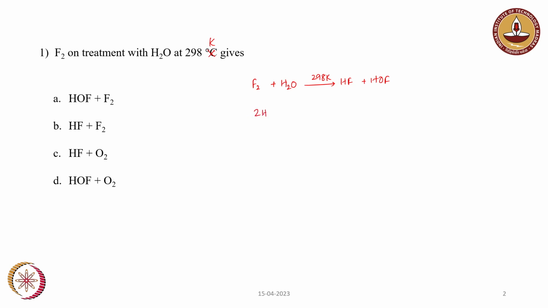So HOF at 298 Kelvin will undergo dissociation to give 2HF and O2. So the final product will be HF and O2. So the answer is option C.